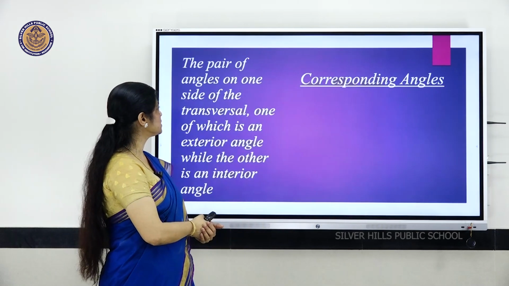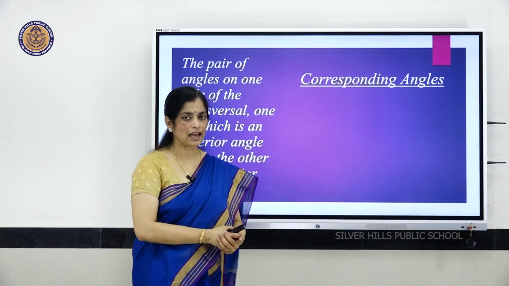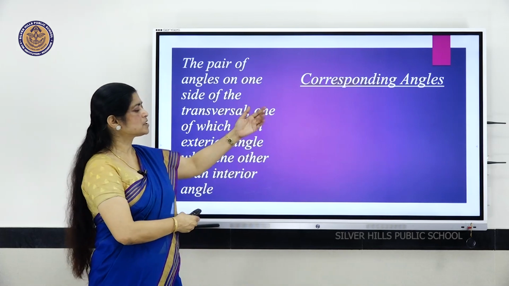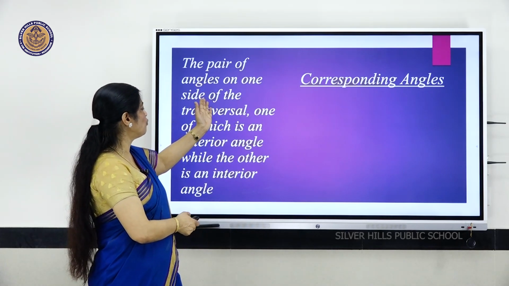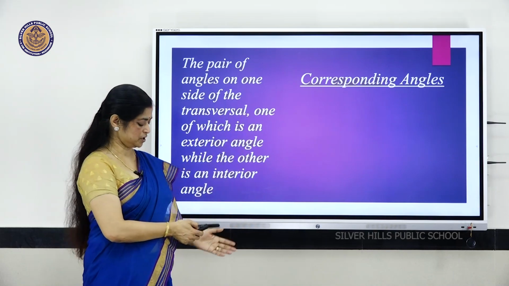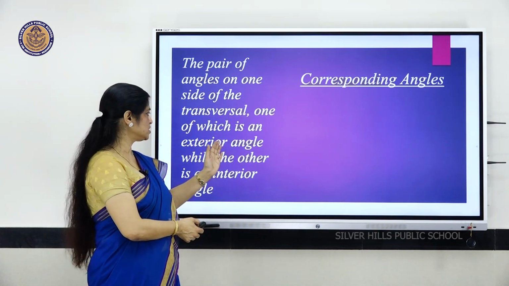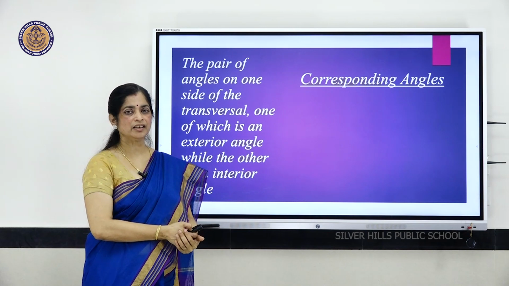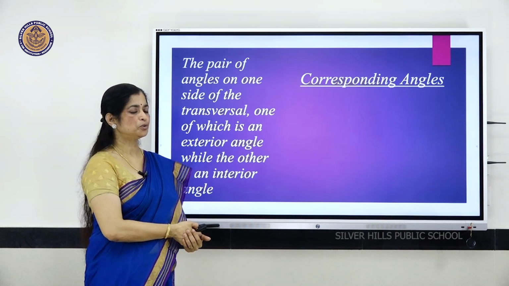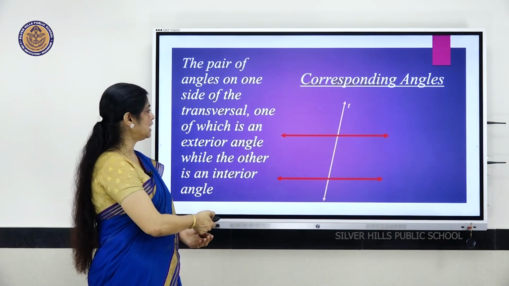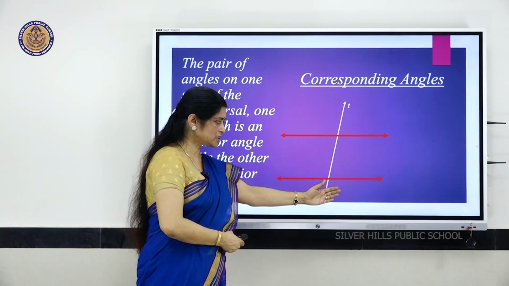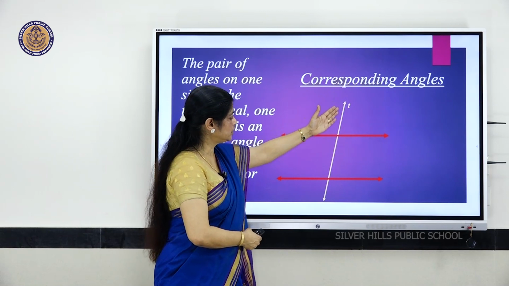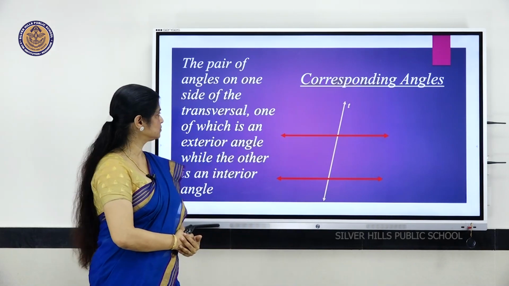Next comes the corresponding angle. What is a corresponding angle? The pair of angles on one side of the transversal, of which one should be an exterior angle and the other one should be an interior angle. Now, these two are the lines and T is the transversal.